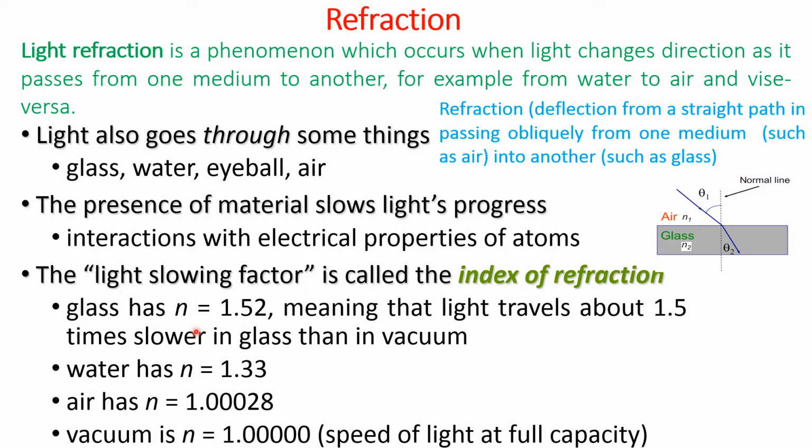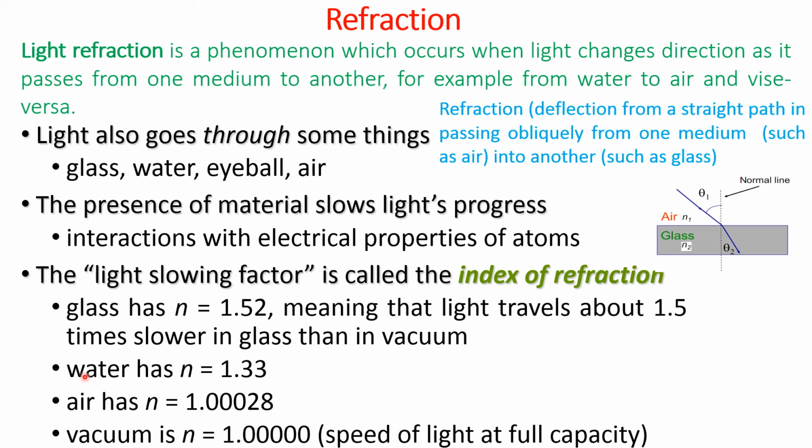And this index of refraction is denoted by the letter n, and the index of refraction for glass is 1.52, which means that light travels about 1.5 times slower in glass than in vacuum, where the index of refraction of vacuum is approximately 1.